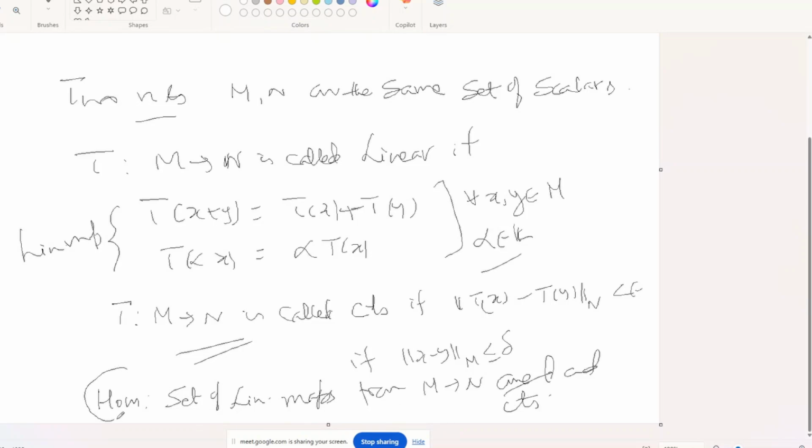This is what is called the homomorphisms, or Hom. You write it as L(M, N). Some people write it as bounded linear maps from M to N. So these are the notations that we have.